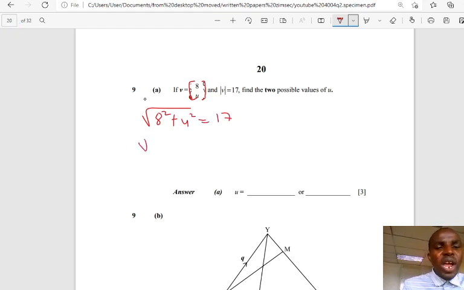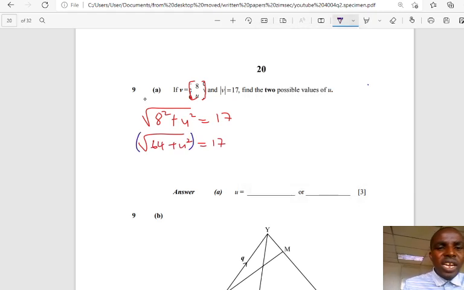Then to remove the square root, 8 squared is 64 here, plus u squared is equal to 17 under the square root. To get rid of the square root, we square both sides.